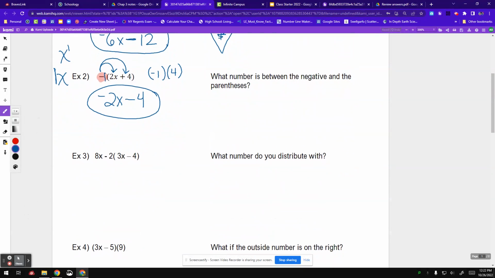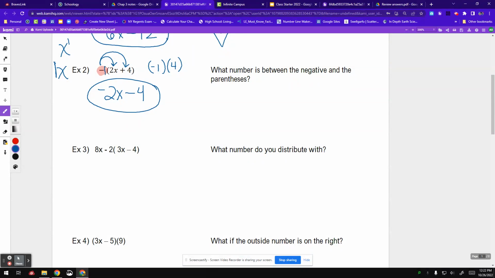Oh boy, things are getting even more complex now. I told you that when you have a number directly next to a parenthesis, like this is here, that you distribute it. Well, this number's here, but it's not directly next to the parenthesis. So guess what?